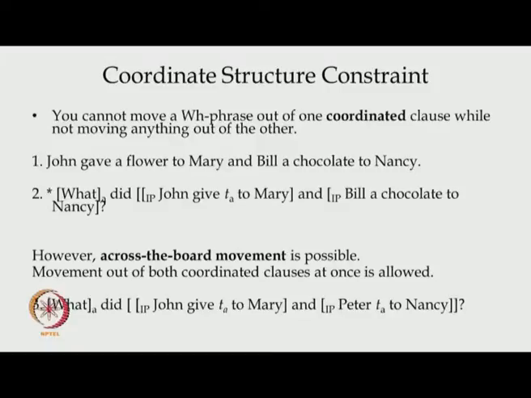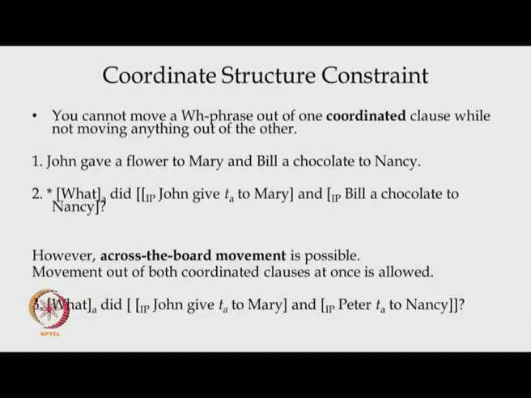Okay. So this thing was available in the other slides too. In other places also, T means trace, and the reason why we are using index is, look at sentence number 3. John gave T an index.